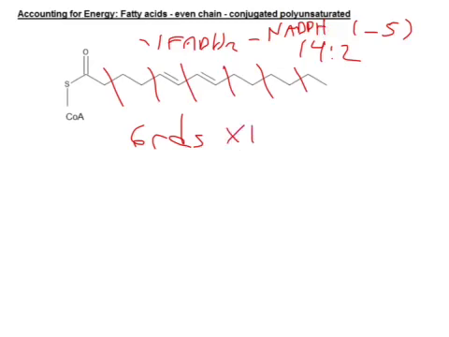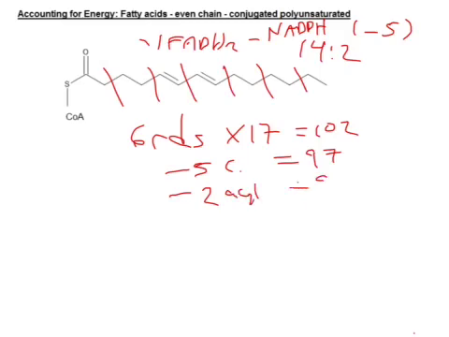So we'll just look at this times 17. 102 minus 5 from the conjugated is 97, and 97 minus the 2 for the acyl-CoA, 95.